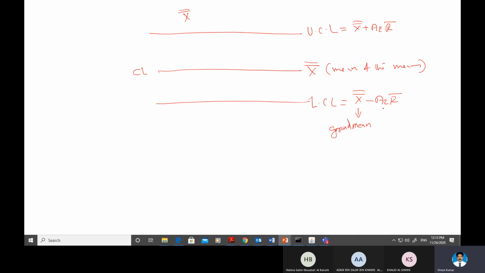R bar is the average of ranges. So we need to find all this, and this is on the y-axis. On the x-axis are the sample numbers.